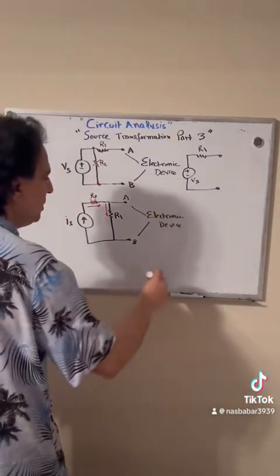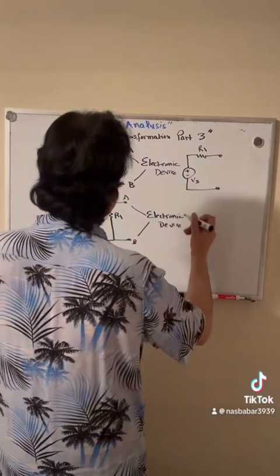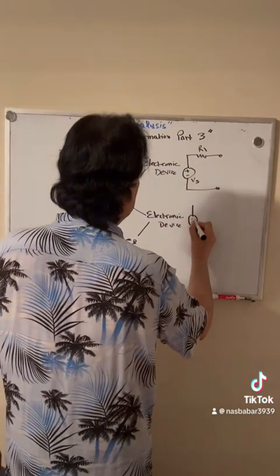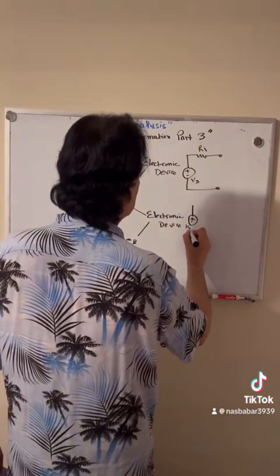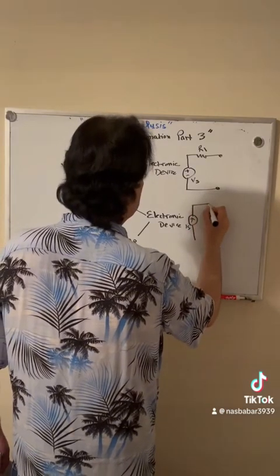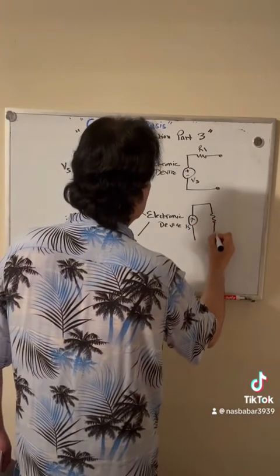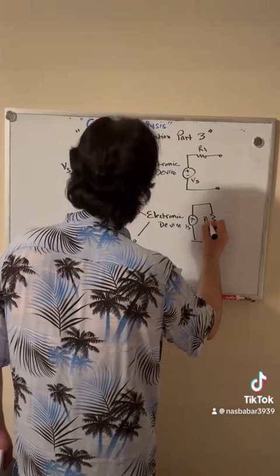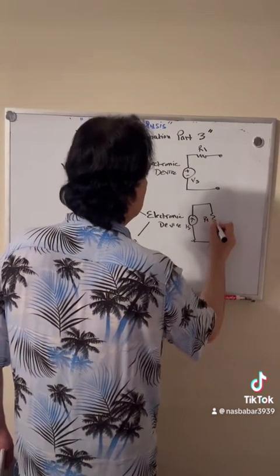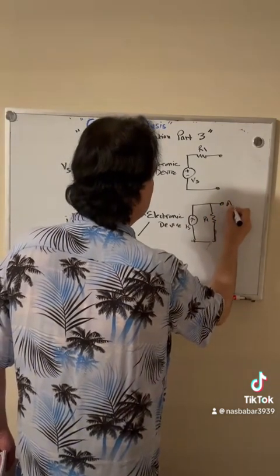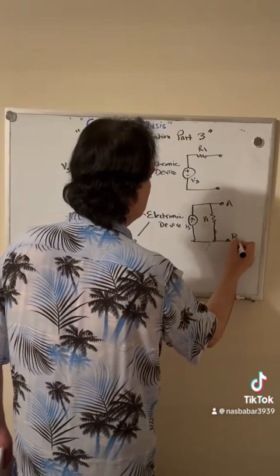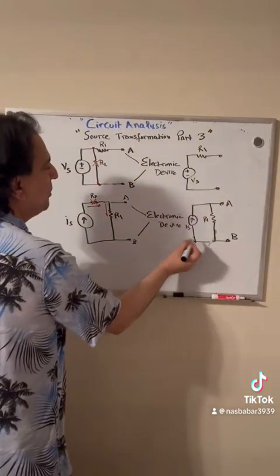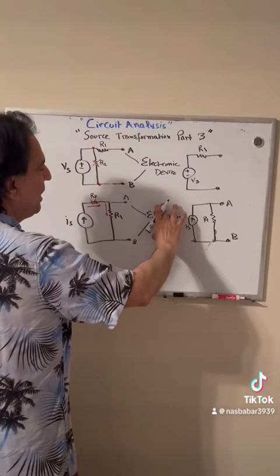So I can just draw this circuit like this: I sub S, and then you've got R1, and then you have terminal A and terminal B. So this is what this electronic device sees.